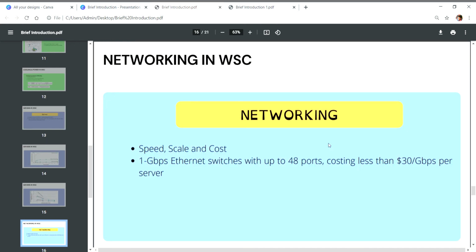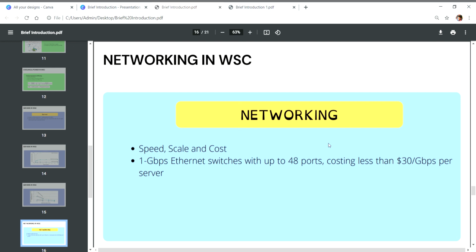Next, I'll go to the networking. Servers must be connected, and as the performance of a server increases over time, the demand for inter-server bandwidth naturally increases as well. To avoid paying thousands of dollars or more in networking cost per machine, WSC implementers often reduce cost by oversubscribing the network at the top of the switch.